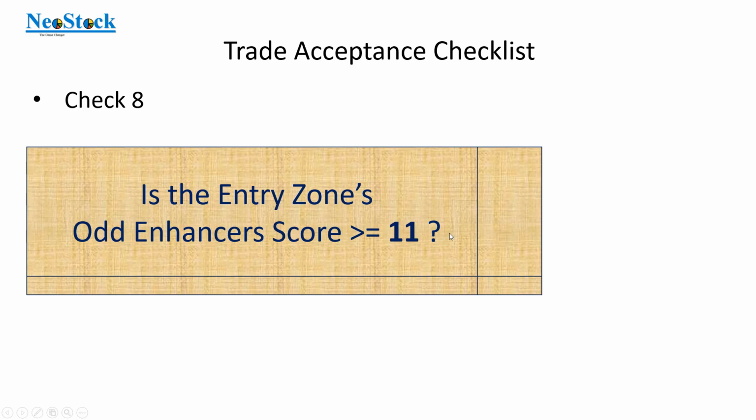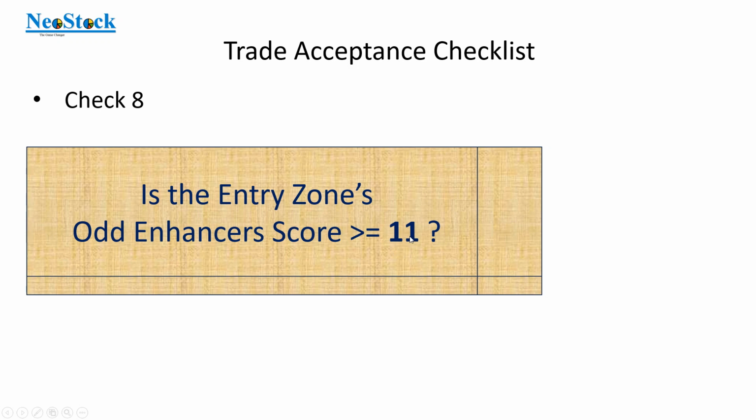Why is one value reduced? Because of EMA confluence. EMA confluence cannot be used for sideways trade setup, because in sideways trade setup EMA does not make any sense. That's why we removed that EMA. Because we removed EMA, now your points will be up to 11.